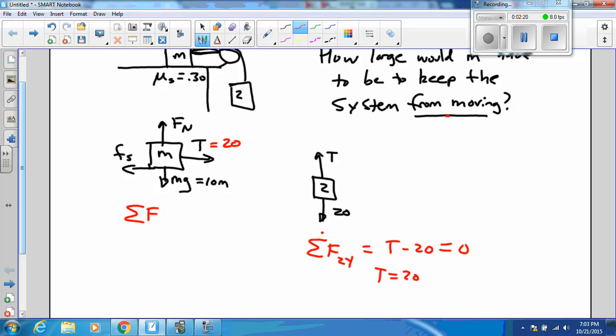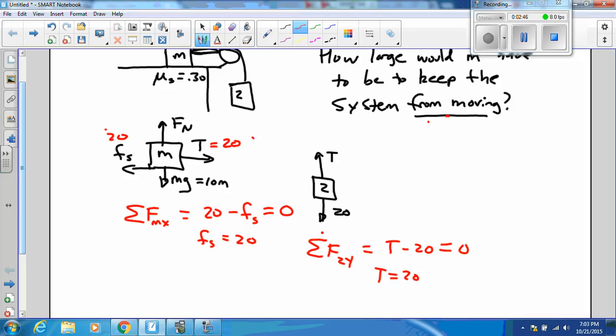And if I now do the sum of forces in the x direction on M, then I get that the tension is pulling to the right, and the static frictional force is pulling to the left, and therefore that has to all add up to 0 because, again, our system is not moving, and that immediately tells us that the static frictional force is equal to 20 newtons as well.